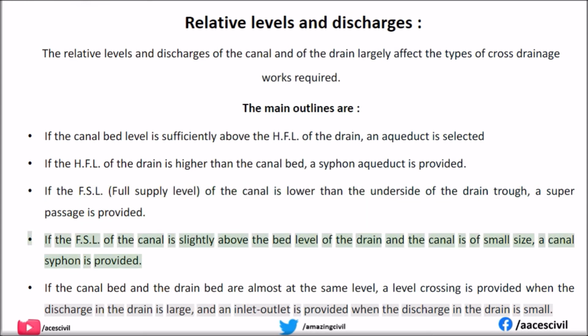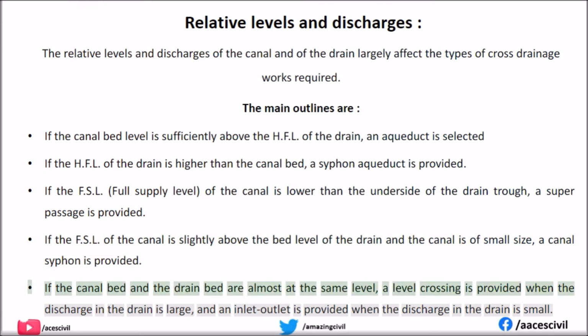If the FSL of the canal is slightly above the bed level of the drain and the canal is of small size, a canal siphon is provided. If the canal bed and the drain bed are almost at the same level, a level crossing is provided.